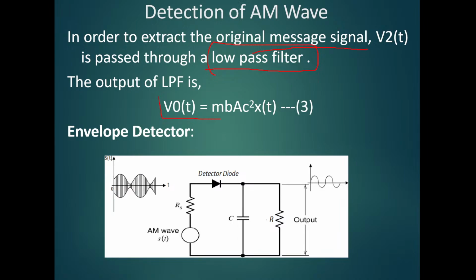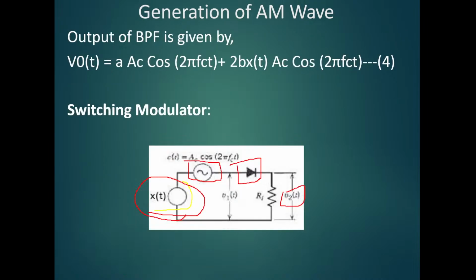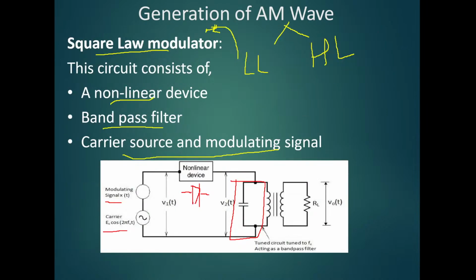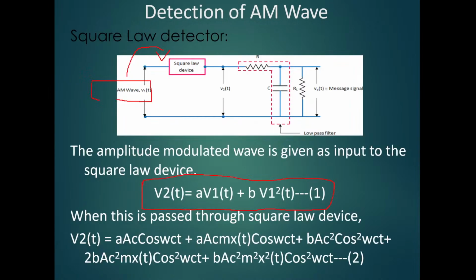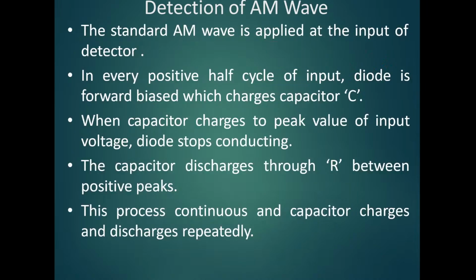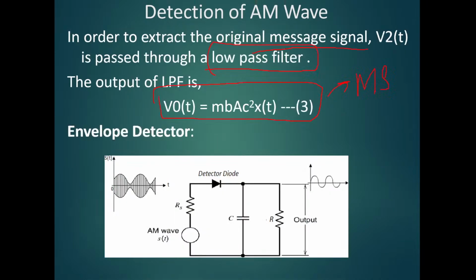At the end of the low pass filter, this is the output that we get, and this is our original modulating signal. Very simple. In the previous case, when we saw the square law modulator, the non-linear device was fed to a band pass filter. But now in case of a detector, we are passing it through a low pass filter. This was about the detection of an AM wave.